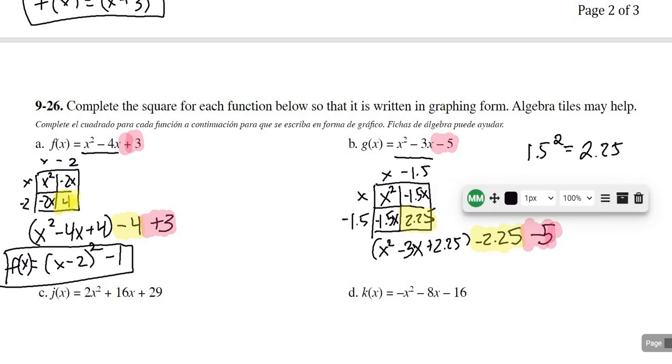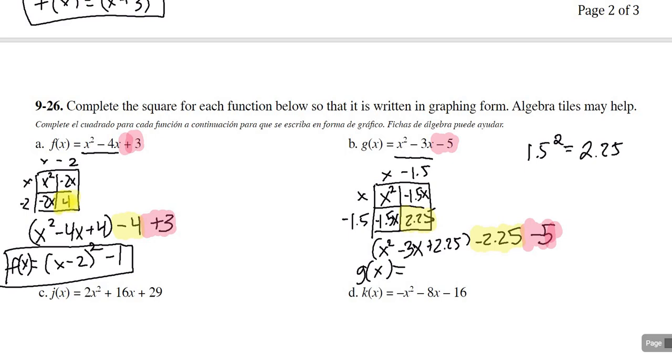So I can't ignore that minus 5. I just hadn't paid attention to it yet. Okay? My final equation becomes g of x equals x minus 1.5 squared minus 7.25.